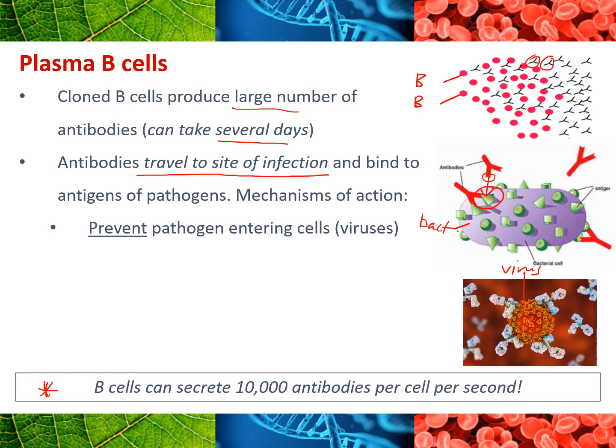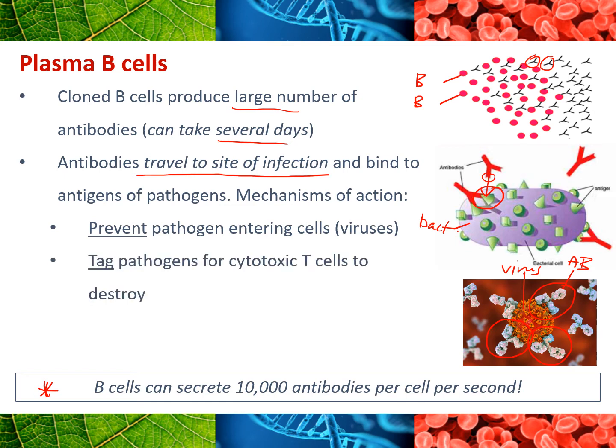So if an antibody binds to the surfaces of a virus like this, that can prevent that virus from entering our cells. A virus that can't reproduce is quite useless. So by binding to the virus surface, that virus won't be able to enter the cells and reproduce.